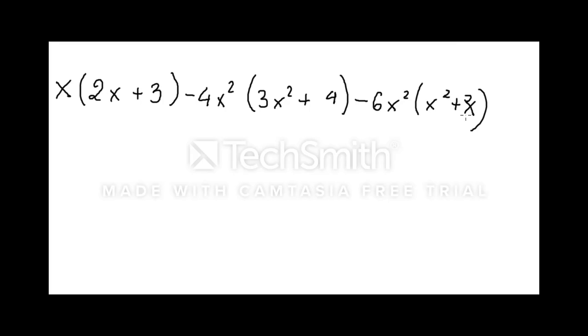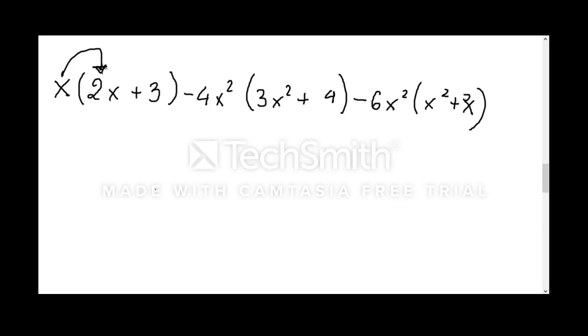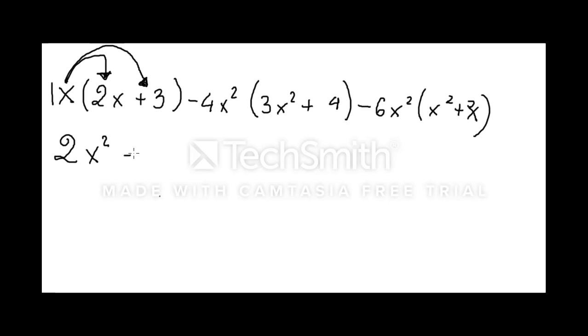Same idea, but I have to distribute my x to this first term. Here you can think of x as being 1x. So 1 multiplied by 2 is 2, and x multiplied by x is x squared. And same thing, 1 multiplied by 3 is 3, and simply attach the x on.